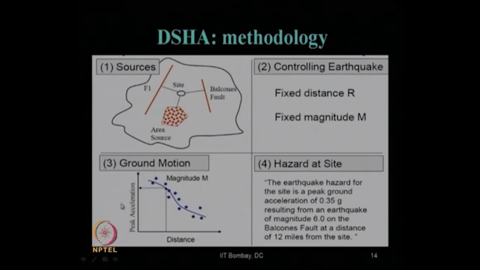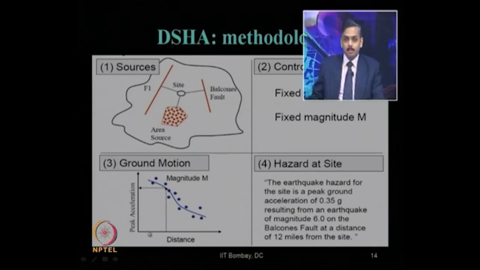Now, the next step is ground motion. Ground motion depends on which parameter you are looking at. Suppose you want to get the design value of peak acceleration. If somebody wants peak velocity, it can be peak velocity. If somebody wants intensity, it can be intensity. So, it depends on which parameter you want to find out as your hazard parameter, right. For that, you need to use the proper attenuation relationship, that is, with respect to distance, how that parameter is changing from your particular source.